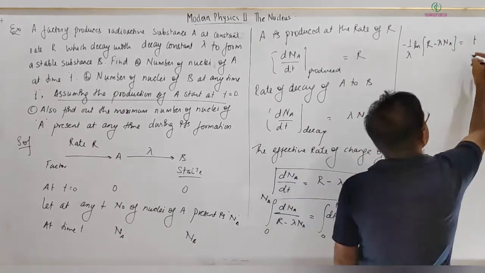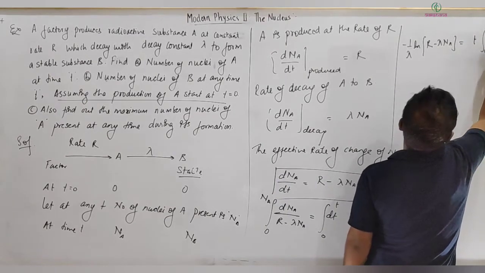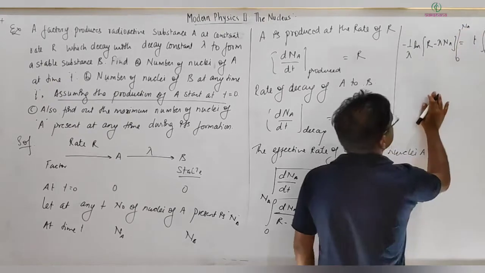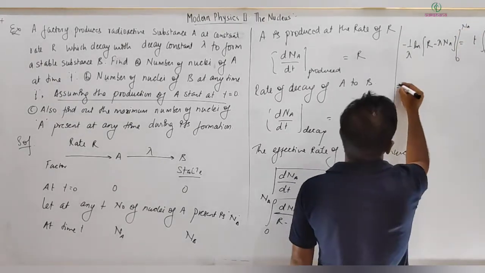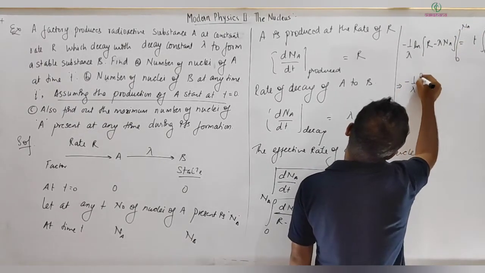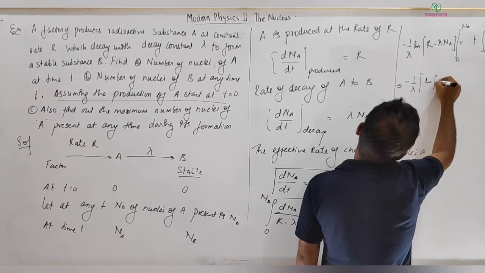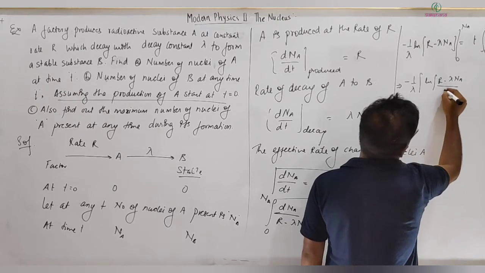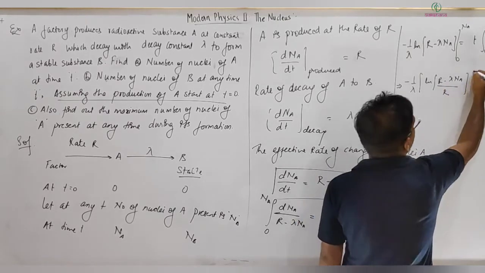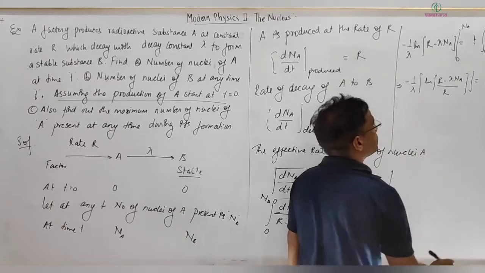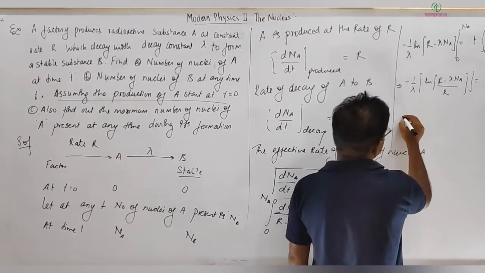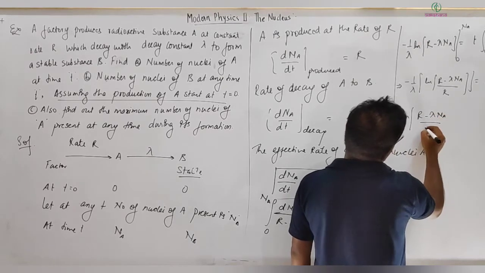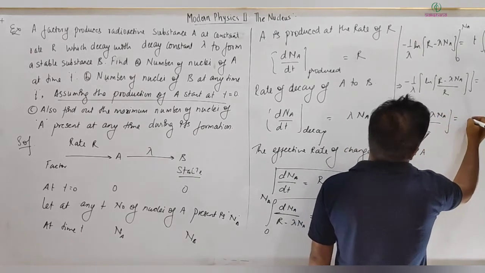Substituting the limits 0 to t and 0 to NA, this implies minus 1 by lambda ln((R minus lambda NA) divided by R) equal to t.